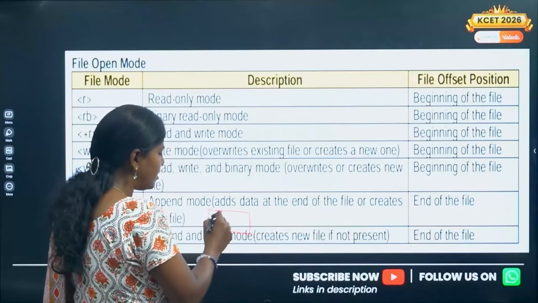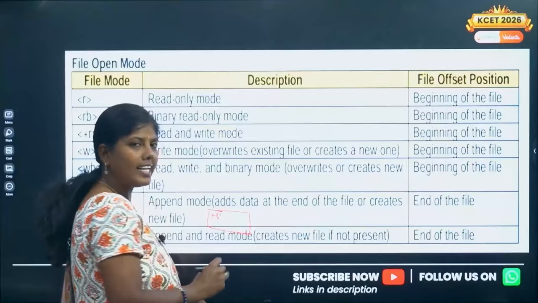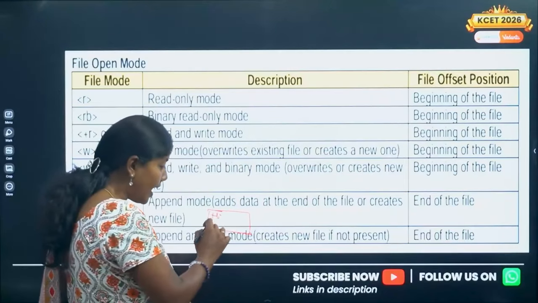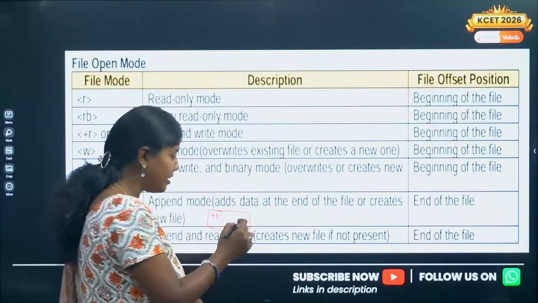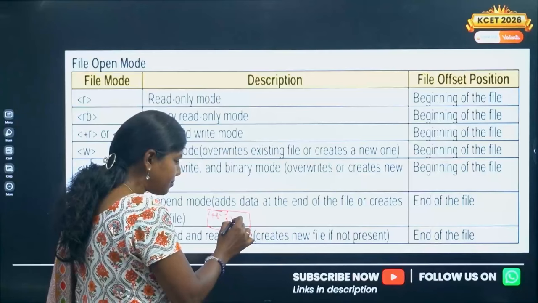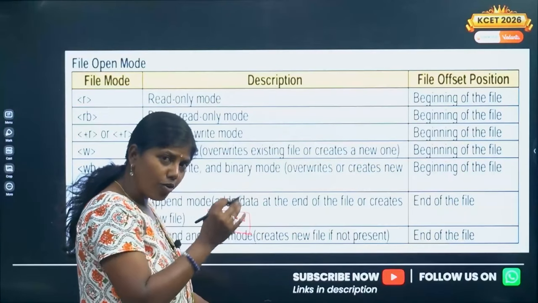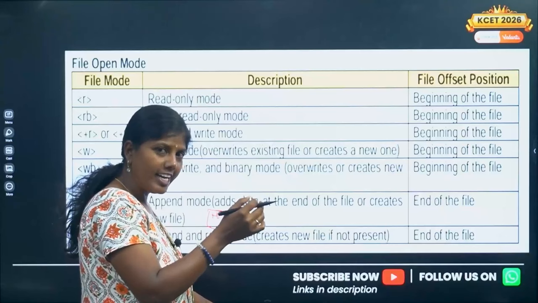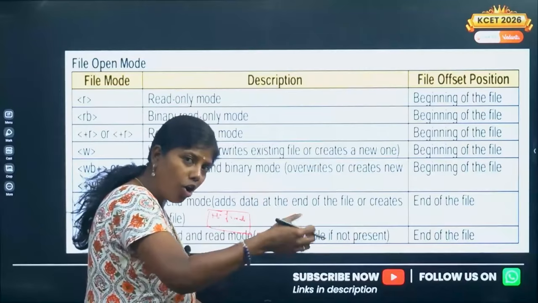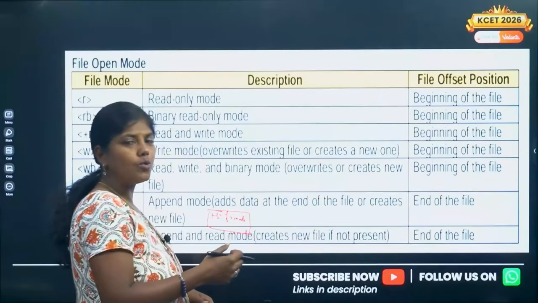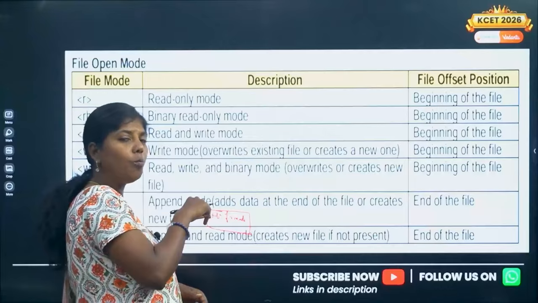For example, I've written hi, and I have to write friends here. I've already opened a file and written hi there, and I want to add the word friends to this already opened file.